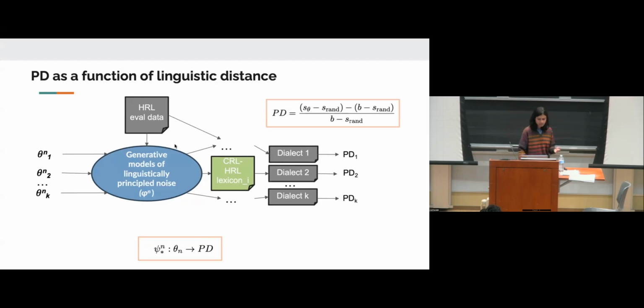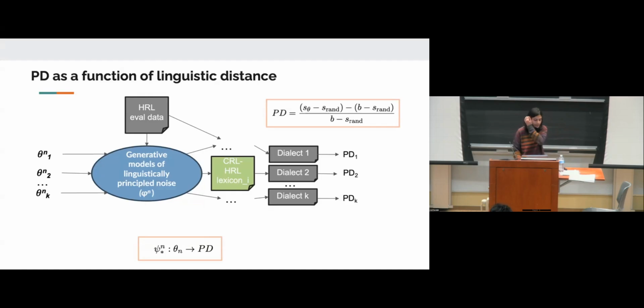So for example, we want to estimate PD for a real language for which we don't have eval data, and we then need to know what theta that real language was generated by, I guess. So this was our setup, and we don't have eval data for a low resource language, but what we can assume that we do have are these lexicons over here, right? Bilingual lexicons and small bitext are available for hundreds, if not thousands of those languages.